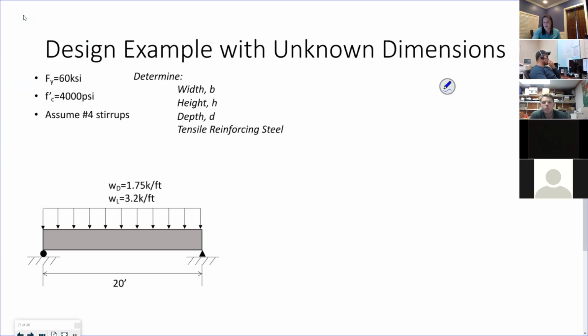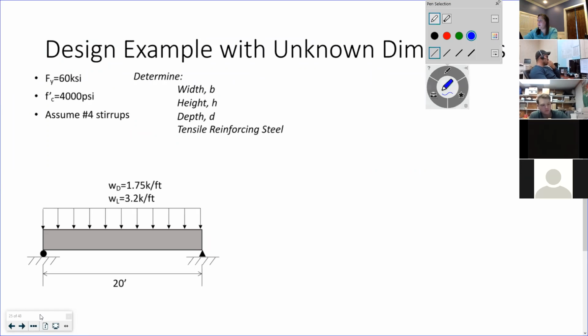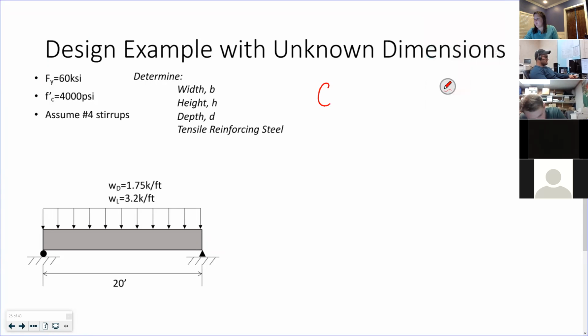So I had one that was a cantilever, and now we'll just do a simply supported beam. So our first thing that we got to do is see how much strength we need.